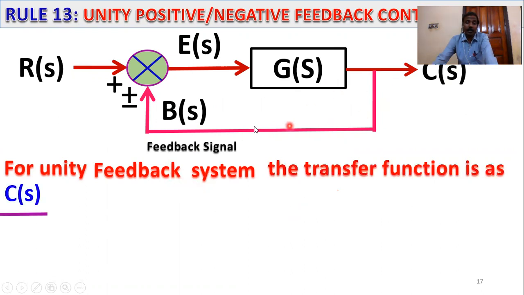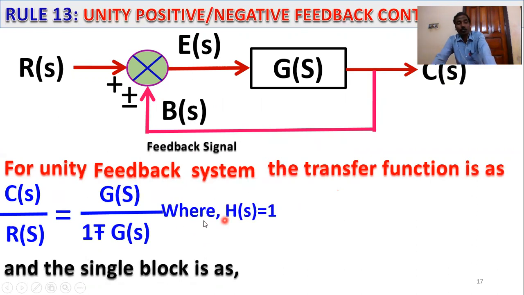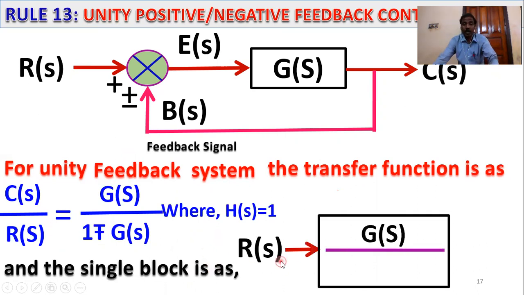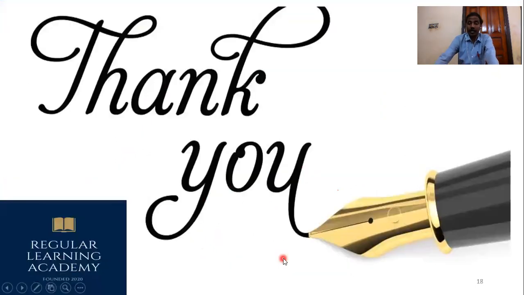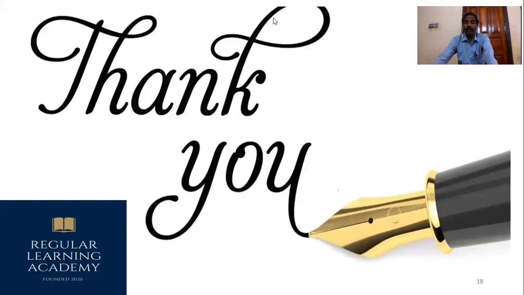So C(S) by R(S) equals G(S) by 1 minus plus G(S) H(S), where in this case H(S) equals 1. For plus, this is negative. For minus, this is positive. The single block is the reference input, G(S) by 1 minus plus G(S), and the output C(S). This is the unity positive feedback control system definition, C(S) by R(S). So, thank you.